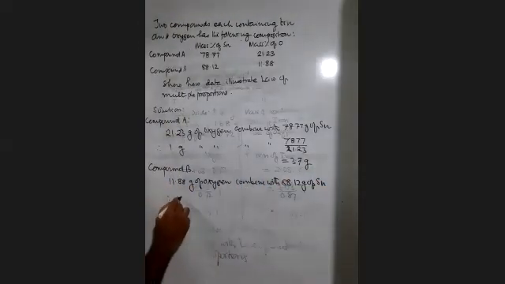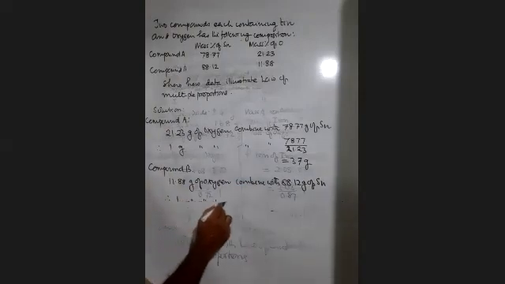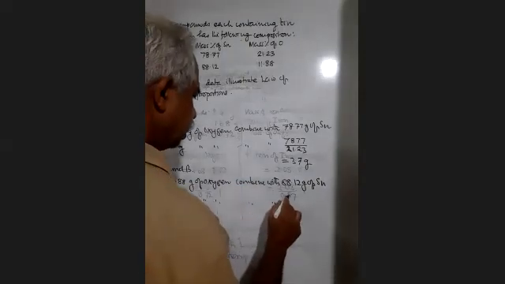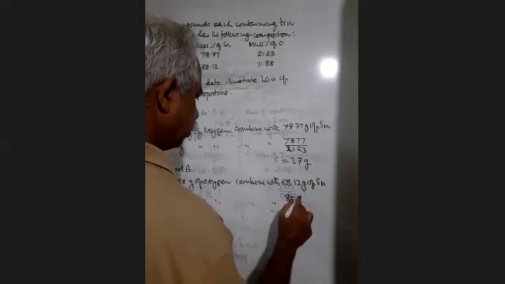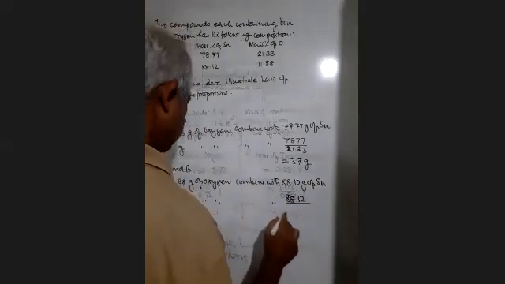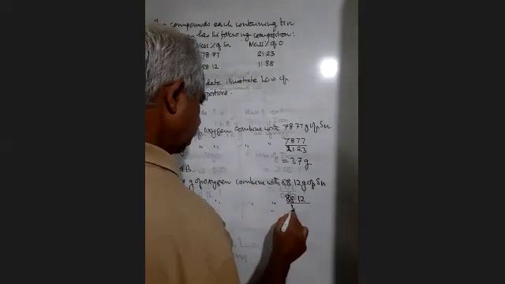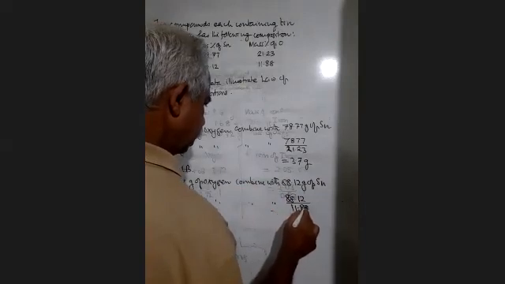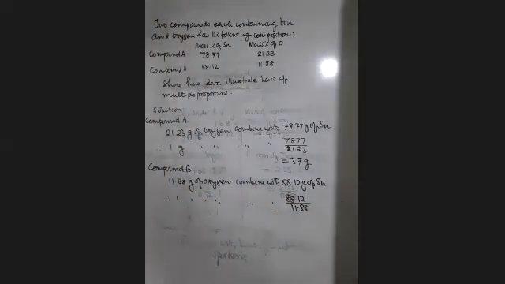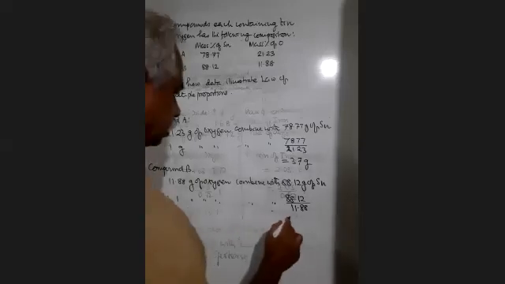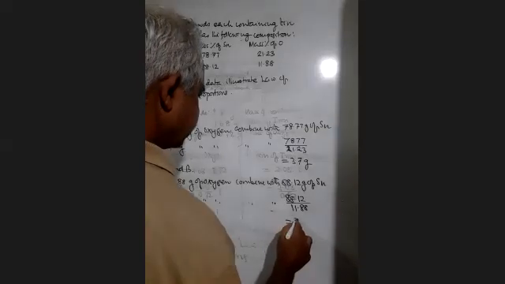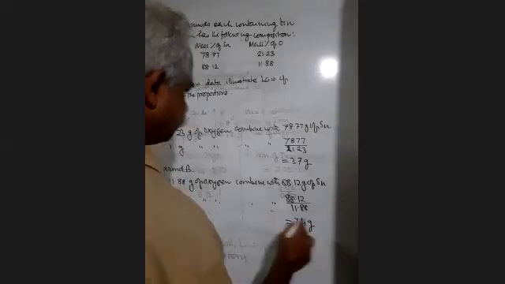So therefore 1 gram of oxygen combined with 88.12 divided by 11.88. Okay. So that comes to around 7.4 gram.